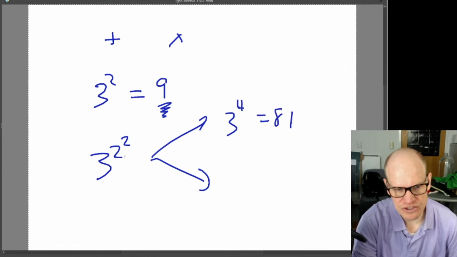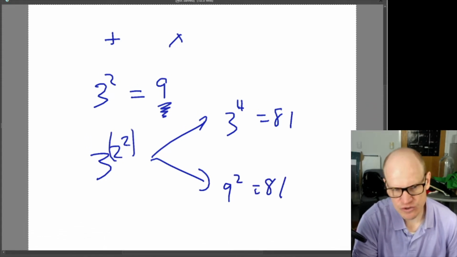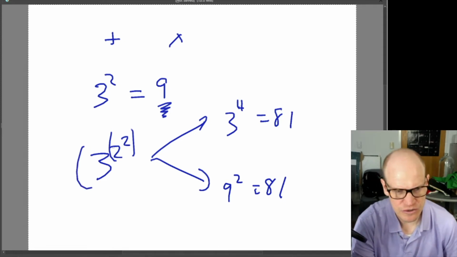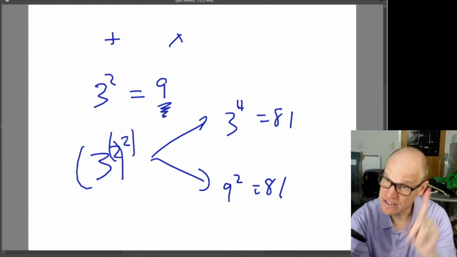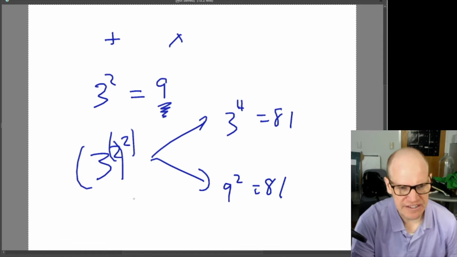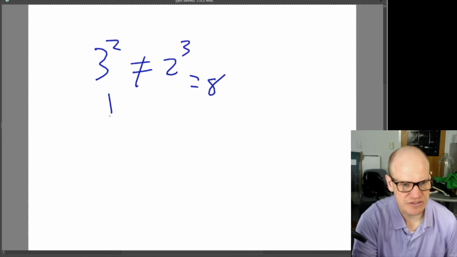Or I can do 3 squared, which gives me 9 squared, which is also 81. So you'll notice that these things are associative. I can group it like this and evaluate raising something to a power, or I can group it like this and do this one first and then do that one after. What I cannot do is reverse the order. So in this case, 3 squared is not equal to 2 cubed, because this one's going to be equal to 8 and this one's going to be equal to 9.